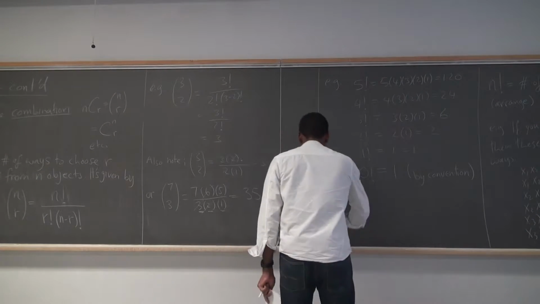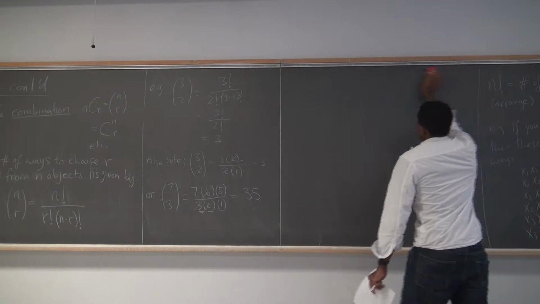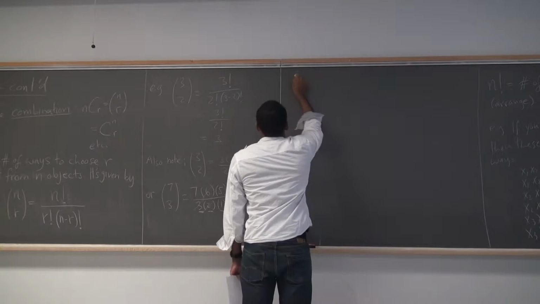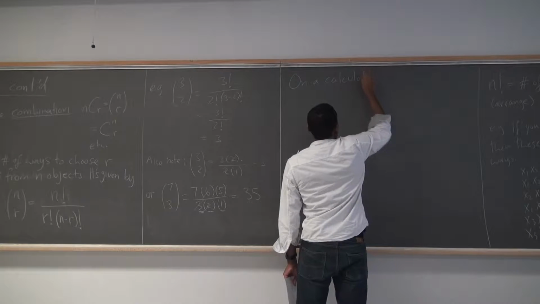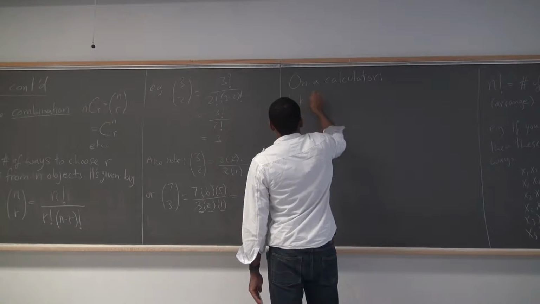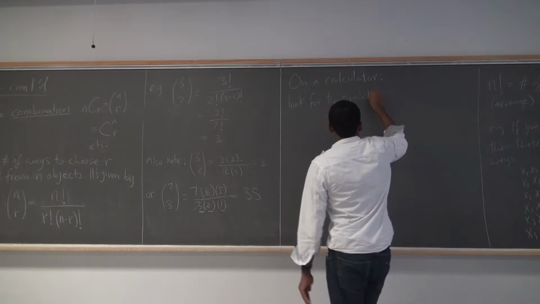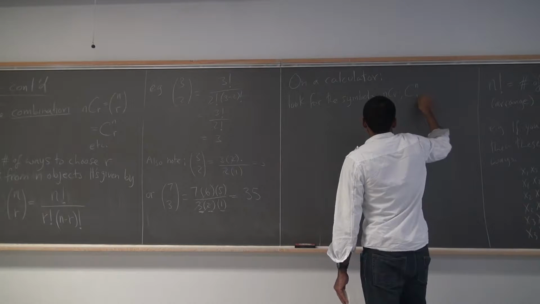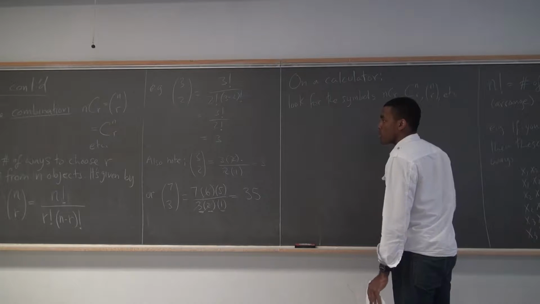It's also on your calculator, so you should know how to do it. If you have, say, a calculator, look for the symbols NCR or CNR or NR, etc. Your calculator will have one of these symbols here.